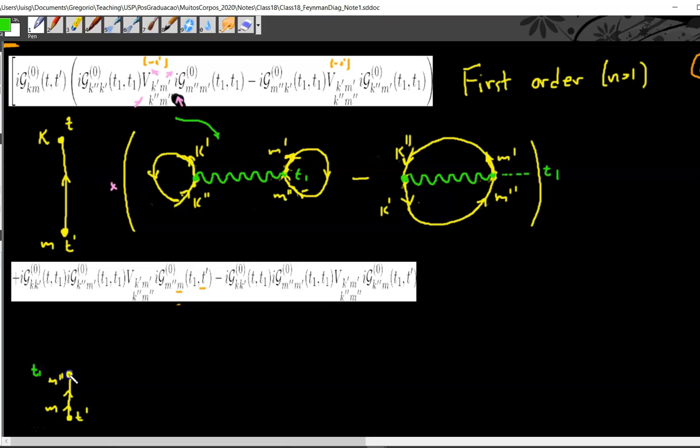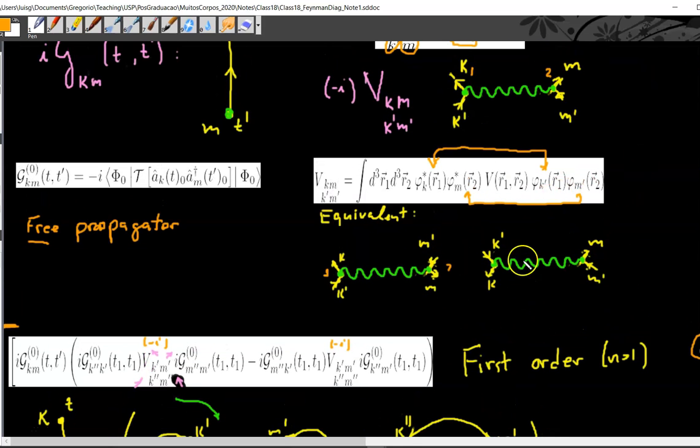So I have a wavy line here. m double prime enters in one leg. In that same leg, which is what I called before my point 2, I have something like this.